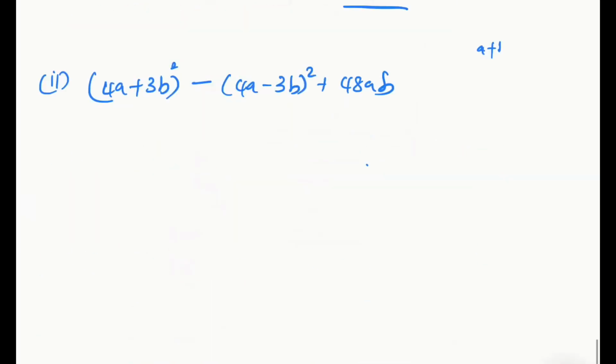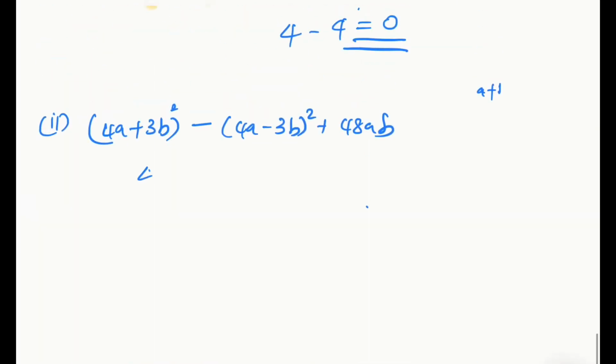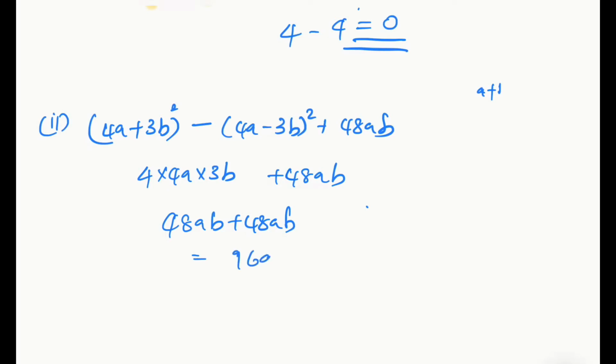So 4 times ab means, how do I write it? 4 times 4a into 3b plus 48ab. So 4 4s are 16, 16 3s are 48ab plus 48ab equal to 96ab. That will be our result.